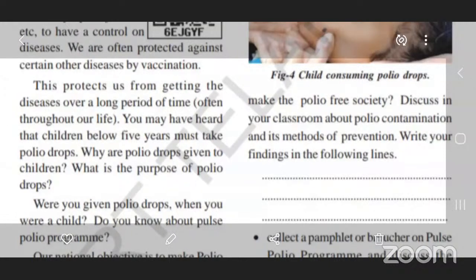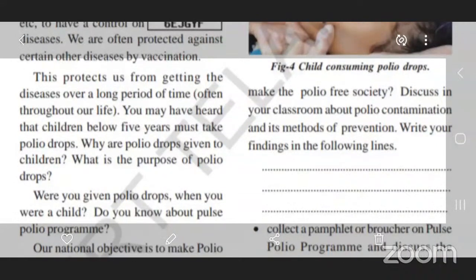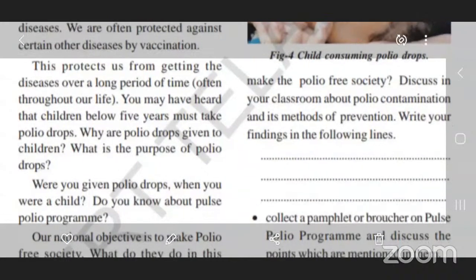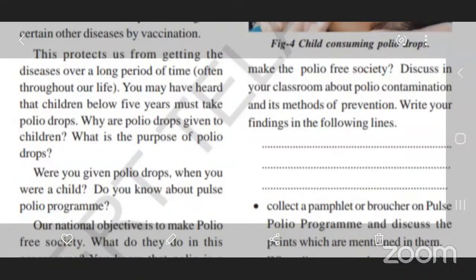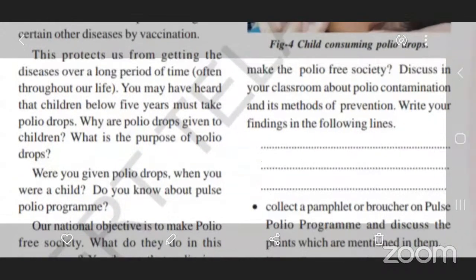You may have heard that children below 5 years must take polio drops. The government will arrange camps and announce Polio Advaram. Why? To prevent polio.